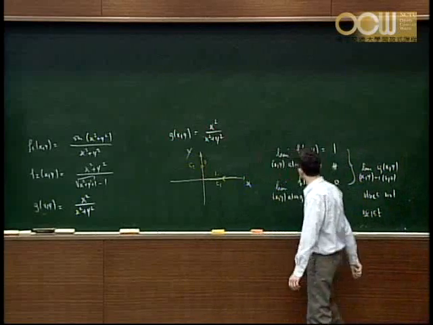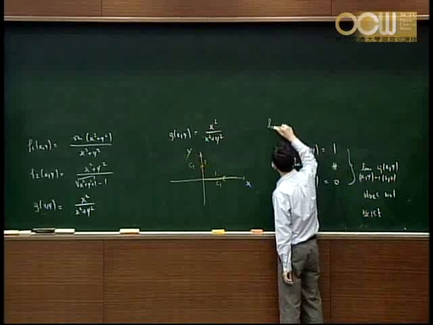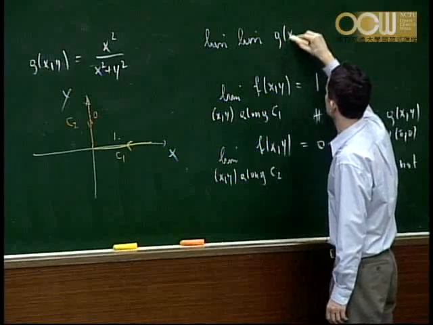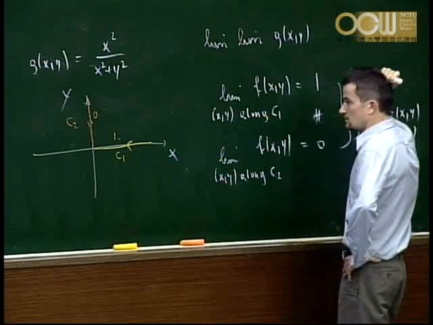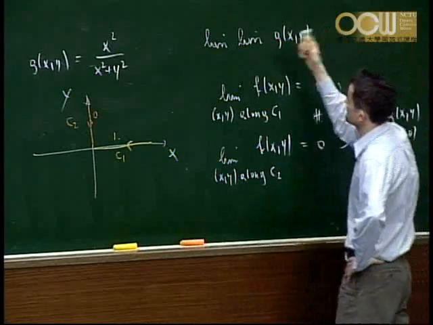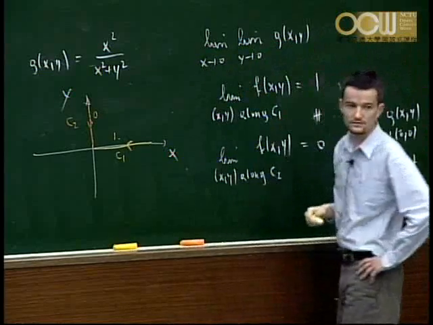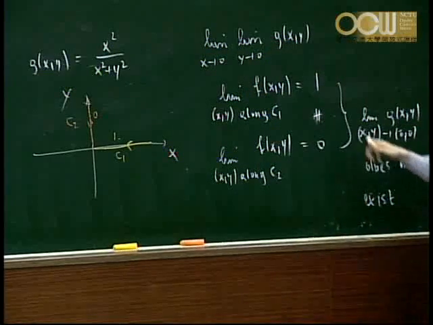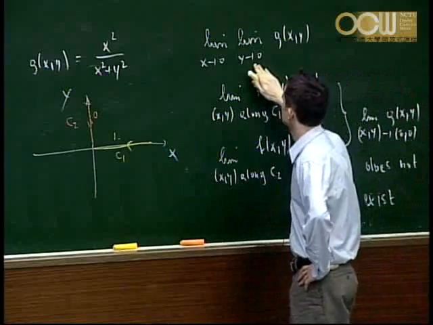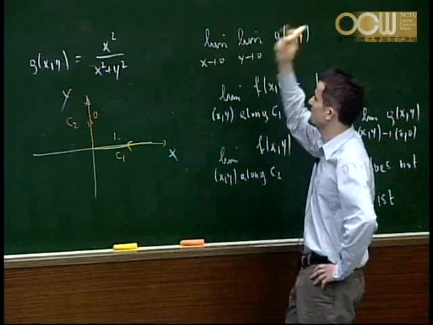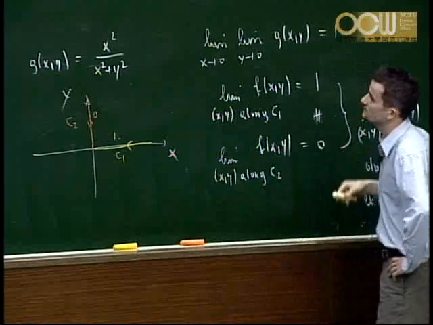You also see that this is an example. If I compute this iterated limit of g(x,y), where I first let y approach 0 and then let x approach 0, what you get here is 1, and then as x approaches 0 you get 1.